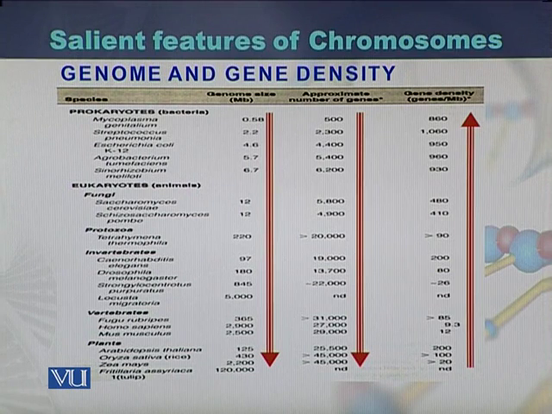If we compare prokaryotes and eukaryotes based on gene density, gene density is higher in prokaryotes, where we can see approximately 800 to 1,000 genes per MB of DNA, while in vertebrates and plants there is a range of 20 to 100 genes per MB of DNA.